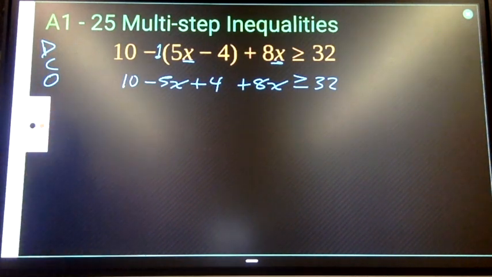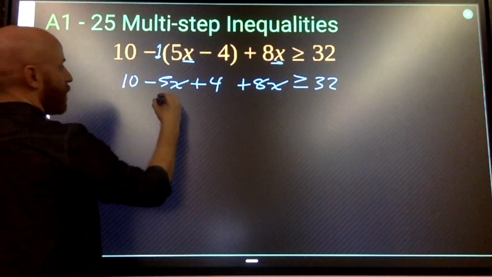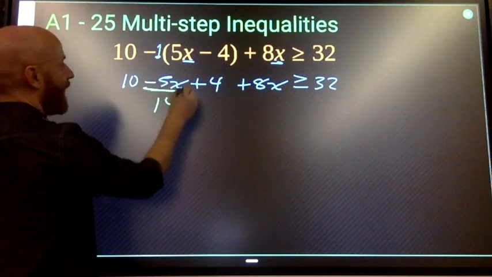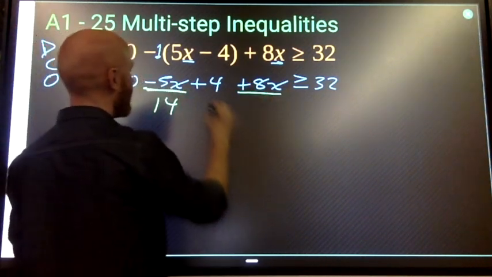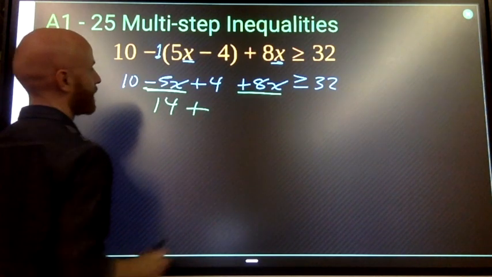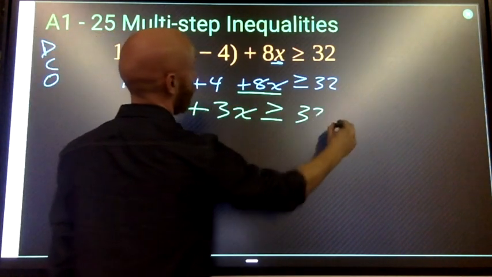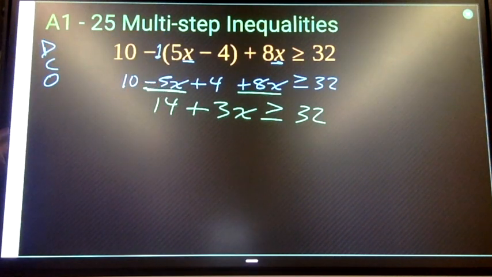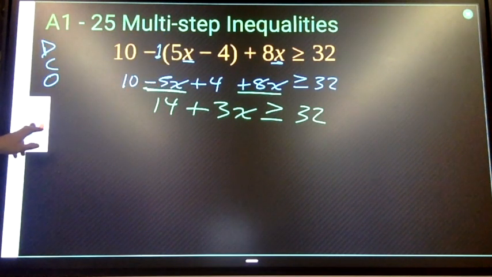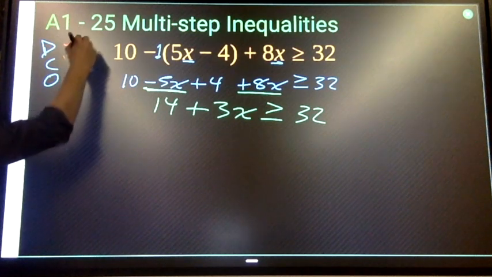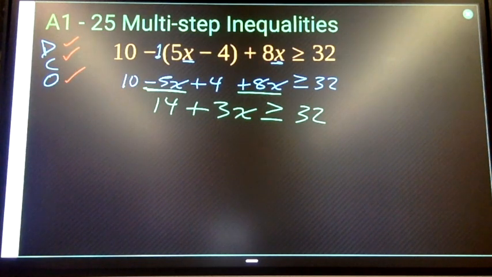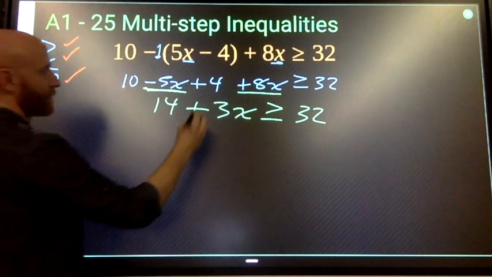All right, combine like terms. 10 plus 4 is 14. Negative 5x's plus 8x's is 3x's. All of that is bigger than or equal to 32. I distributed, I combined like terms. Now we're going to do opposite operations.